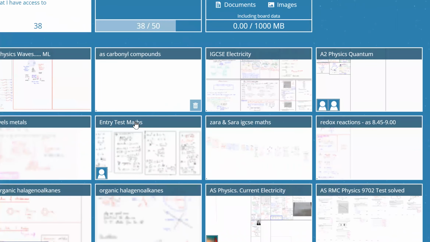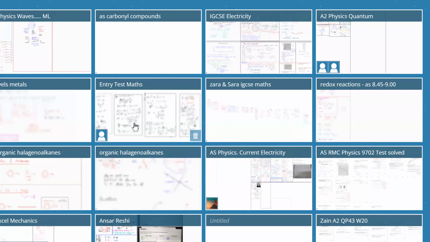Does anyone have a link to the board that we were working on?